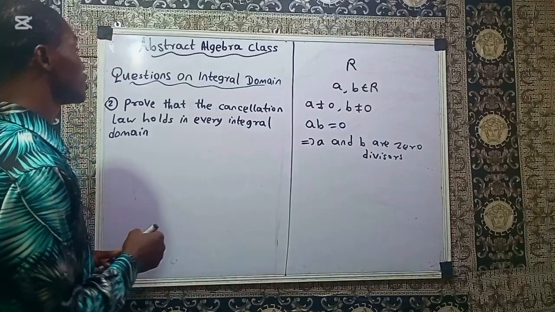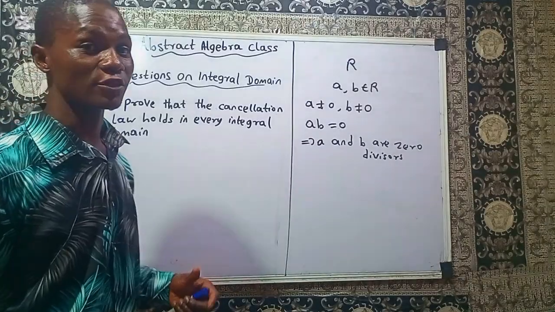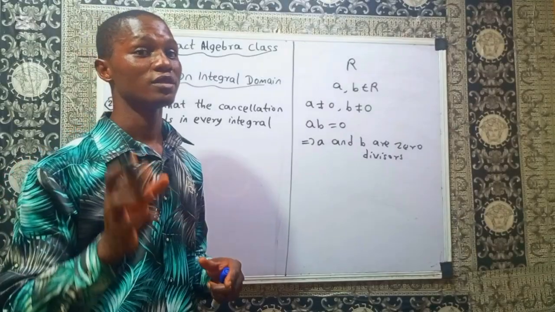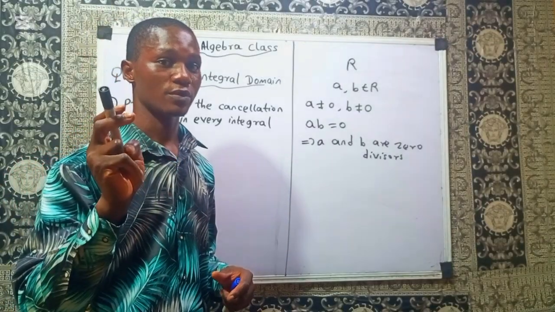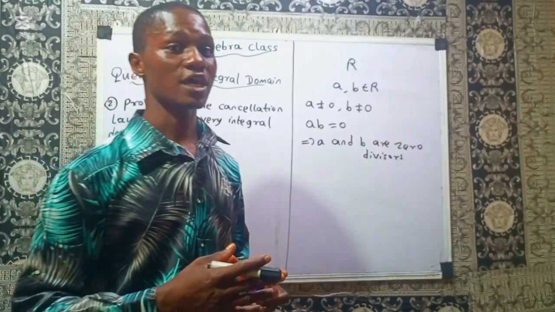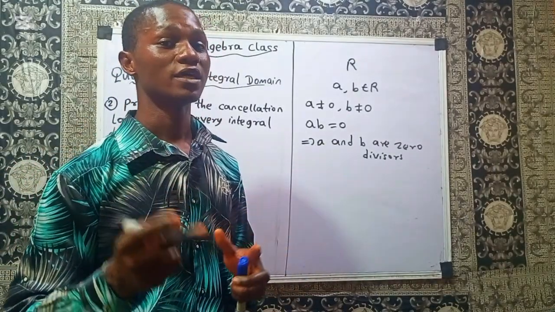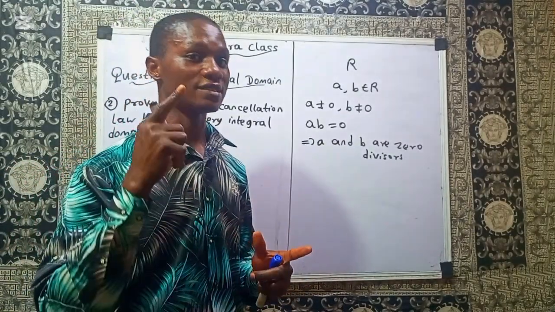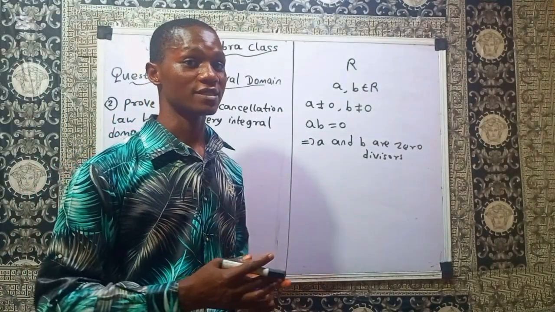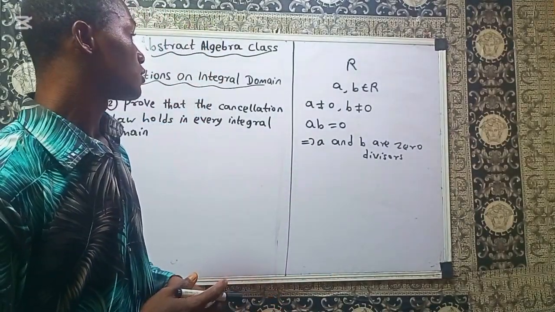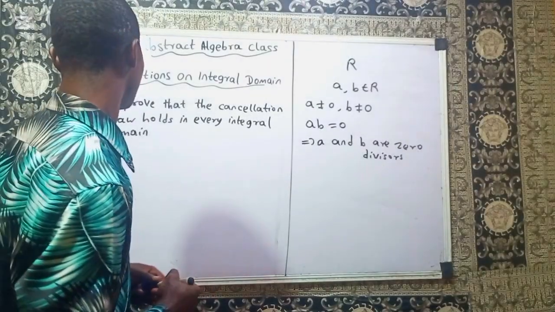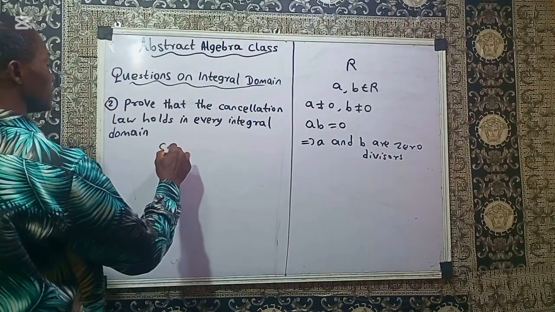So in an integral domain, if the product of two elements is 0, then one of them must be 0. Like in the set of integers, if x times y is 0, then either x is 0 or y is 0. That is what holds in every integral domain.